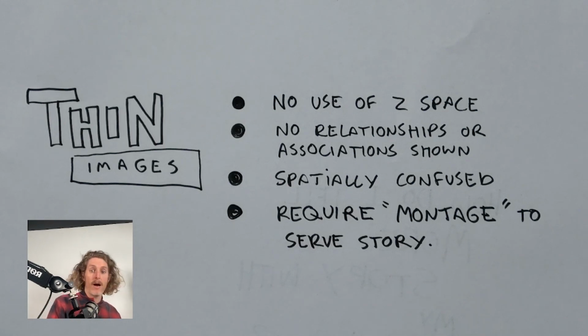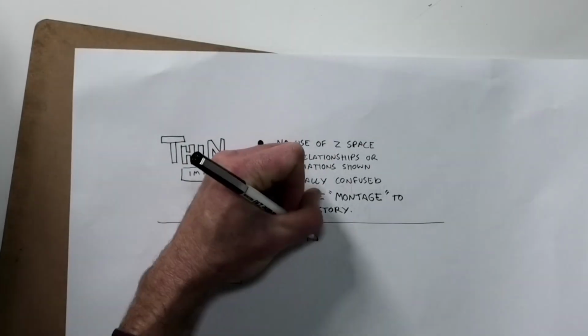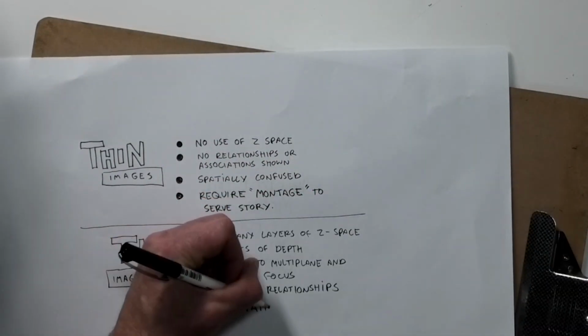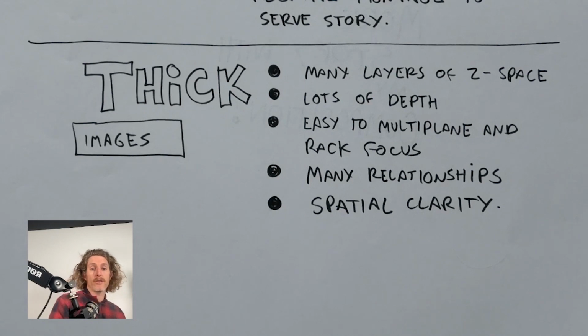Thin images work in cinema and in comics and in storybooks, but they require montage to serve the story, which means they need to be placed alongside other images for meaning to be made. Now, thicker images, on the other hand, almost always use the Z space in 1, 2, or many more layers in order to get more information into the frame.